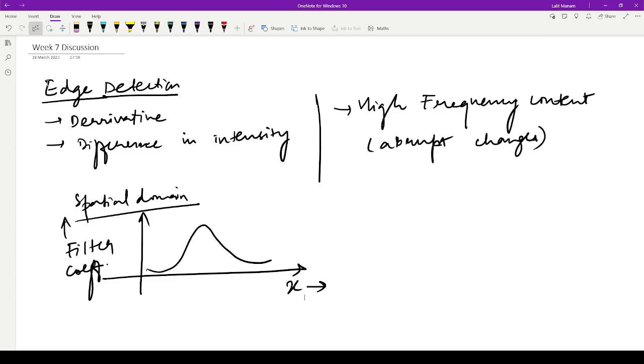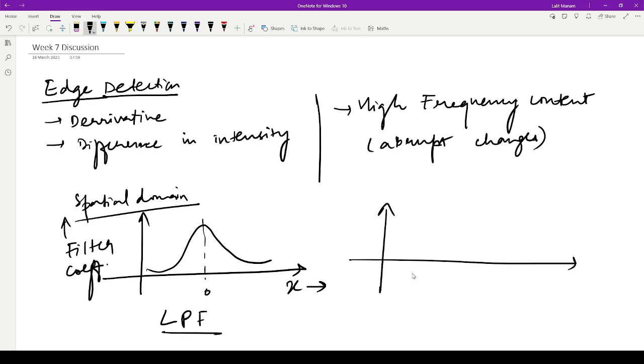For instance, a constant filter, which is the uniform filter, is a low pass, or the Gaussian filter, which is also low pass. So these are all low pass filters with all positive filter coefficients.